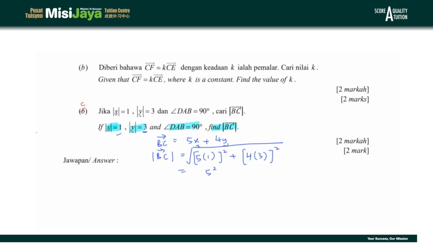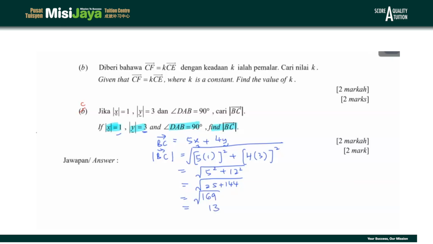So 5 squared plus 12 squared, and then you square root it. So this will be 25 plus 144, which is 169. Square root of 169 is 13.